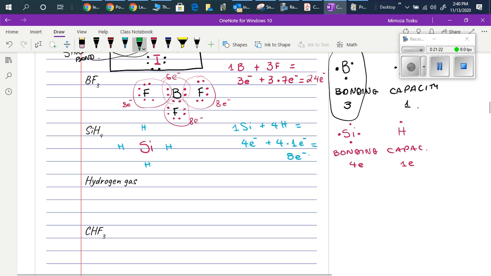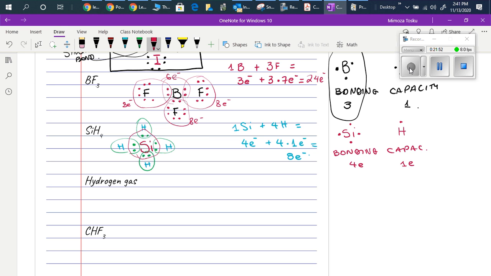So let's place those 8 electrons, starting with the central atom, 1, 2, and so on, satisfying the octet rule. Each of the hydrogens is satisfied because hydrogen needs only 2 to complete the outer shell, and the silicon at the center has 8 electrons, which satisfies the octet rule.